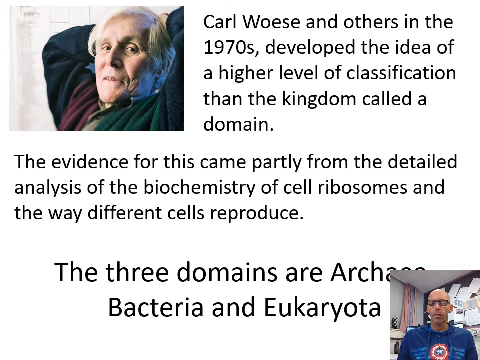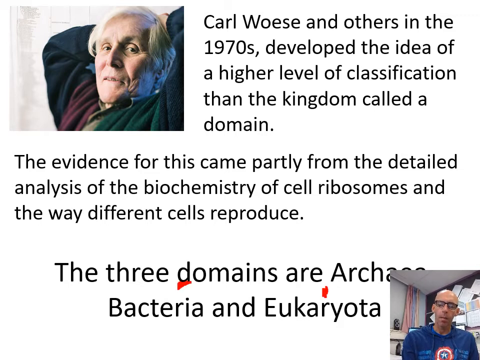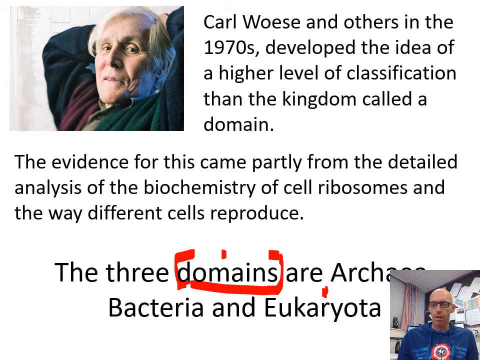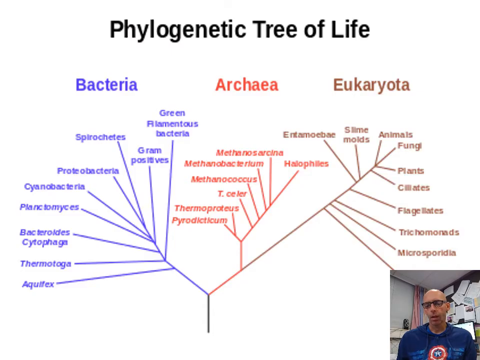There's now 3 domains. So domains come above kingdoms. So Carl Voss and some others, looking at the biochemistry, came up with this idea of 3 domains, and domains goes above kingdom.